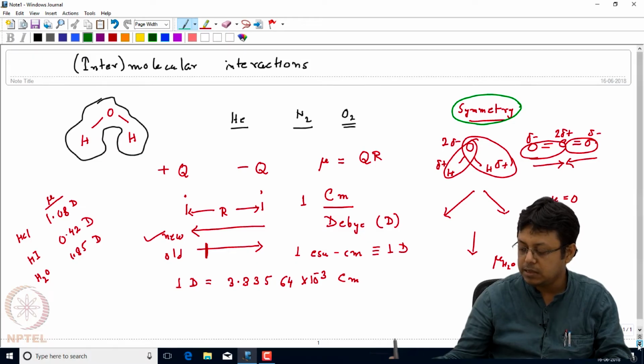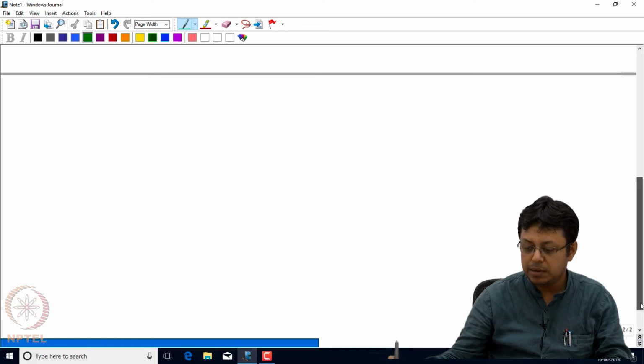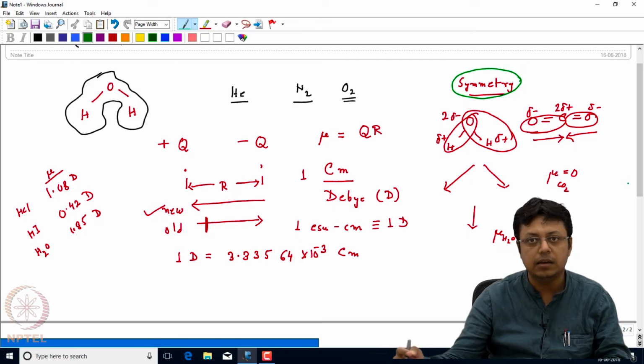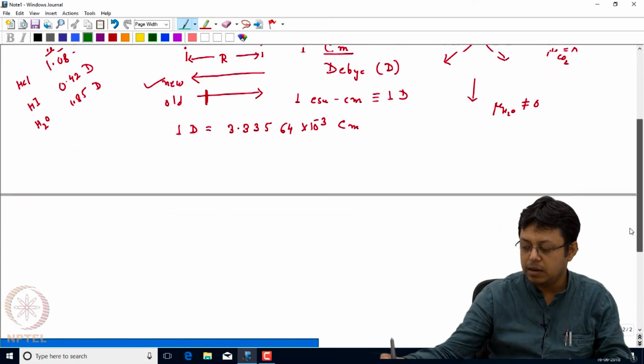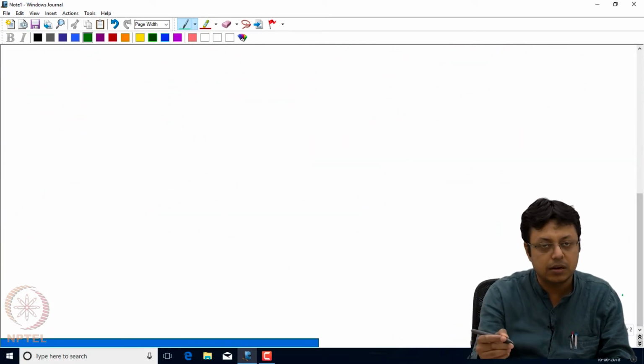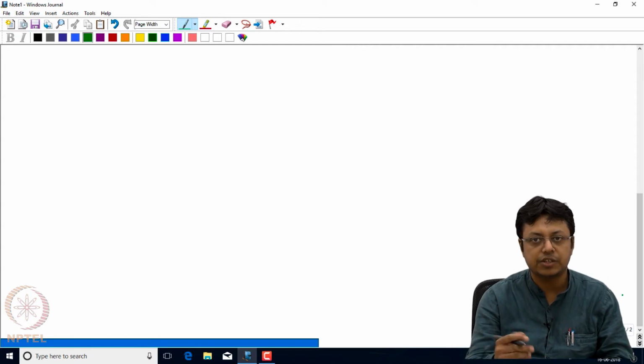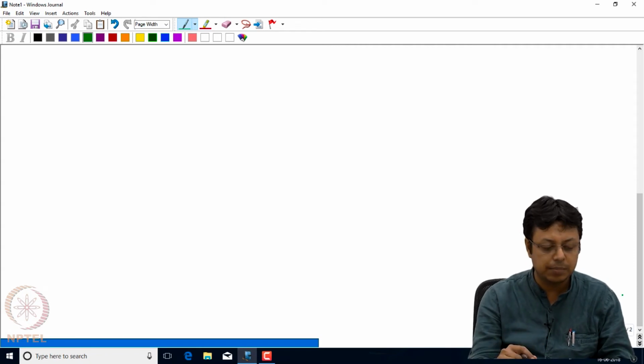If we have addition of many dipoles like we have done here, what will be the resultant dipole? Since it is a vector, the general addition and subtraction rules of vectors also apply here.